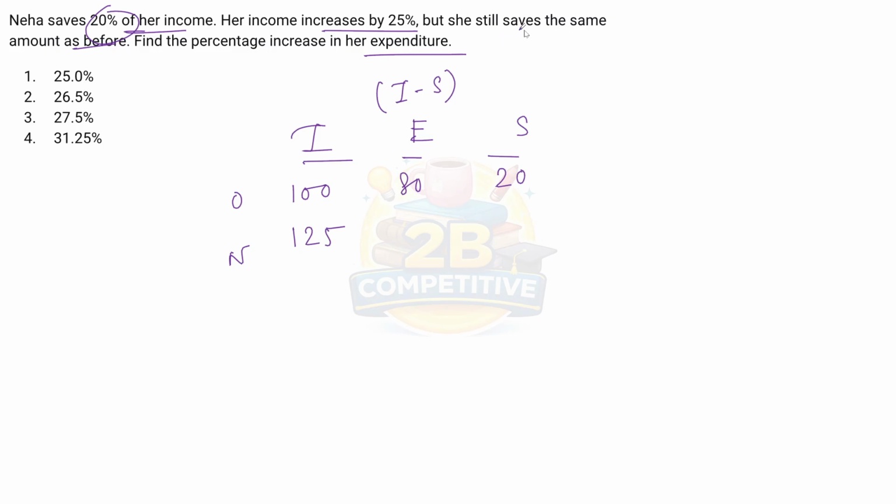Okay. Now see what's saying. It's saying she still saves the same amount. Means she saved before 20. So she is now saving 20. So now her expenditure what? Her expenditure is 125 minus 20, that is 105. So find the percentage increase in her expenditure.